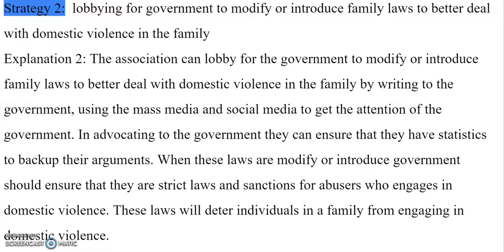All right. The association can lobby for the government to modify or introduce family laws by writing to the government, using the mass media and social media to get the attention of the government on this matter.